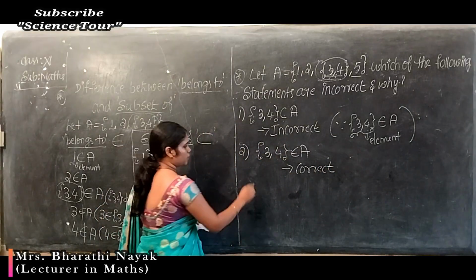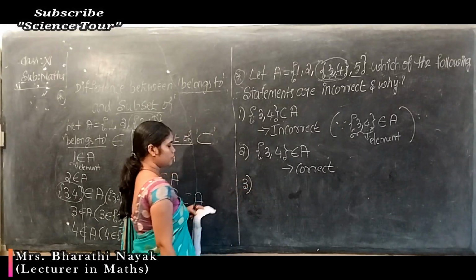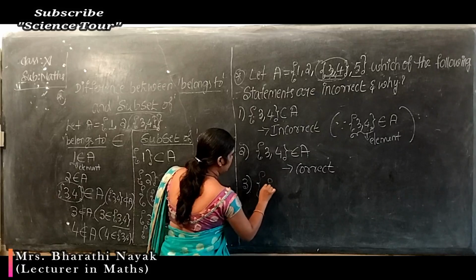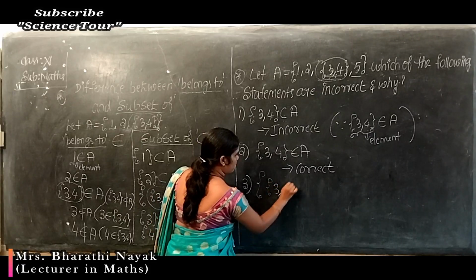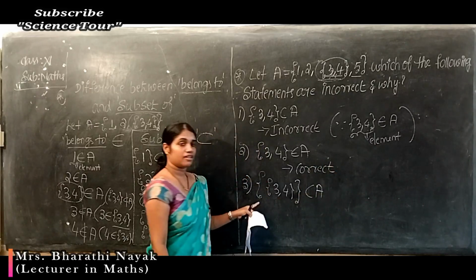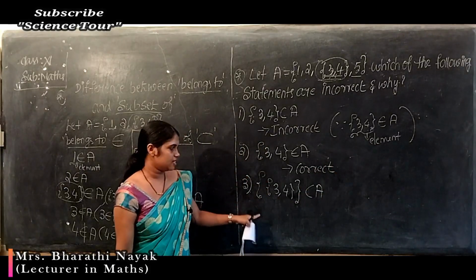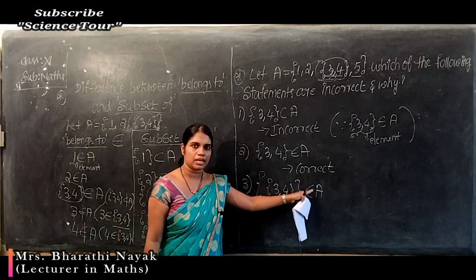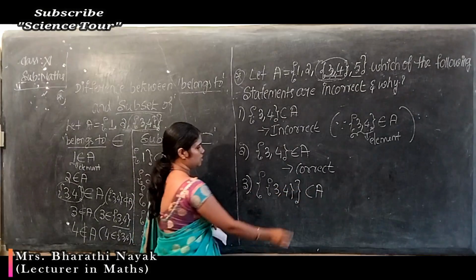Okay. Next, the third one. The set containing, subset of A. I already explained about this, isn't it? If you put a flower bracket around this set, then it will become a subset. Okay. So this is correct.